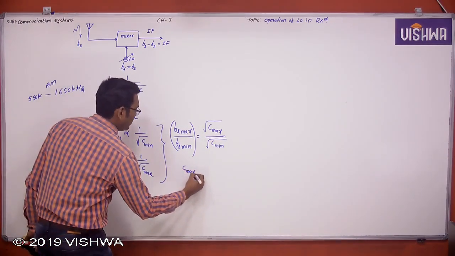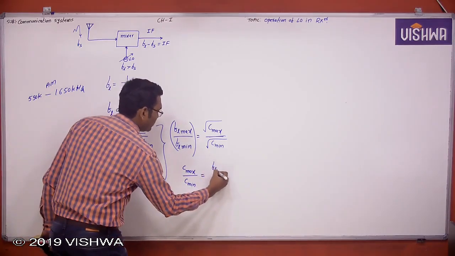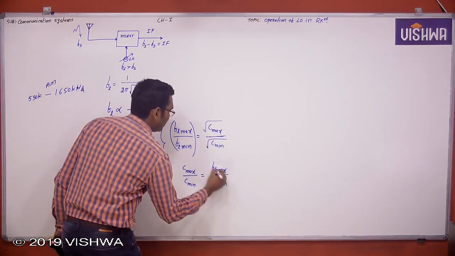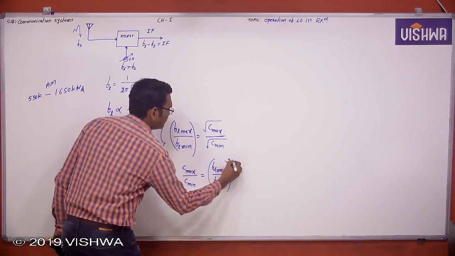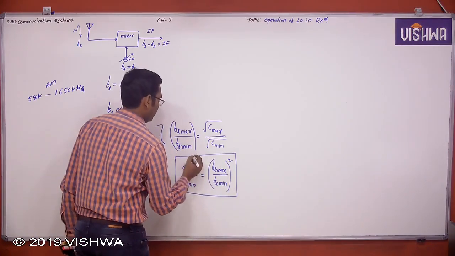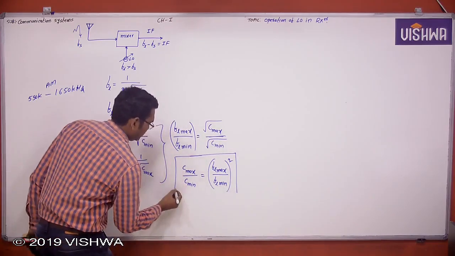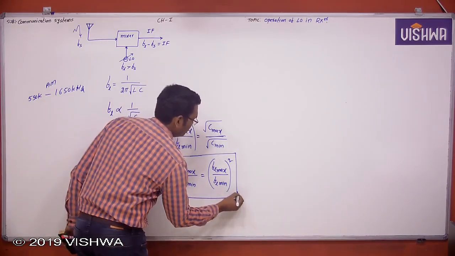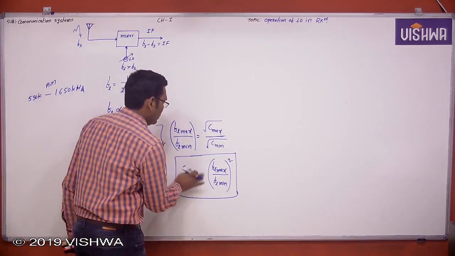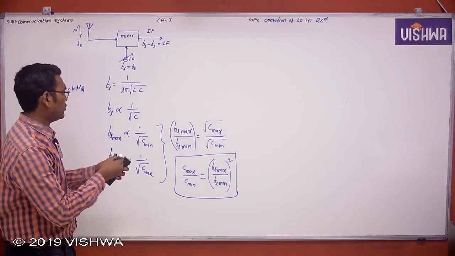The maximum to the minimum capacitance ratio is equal to Fl maximum to Fl minimum whole square.